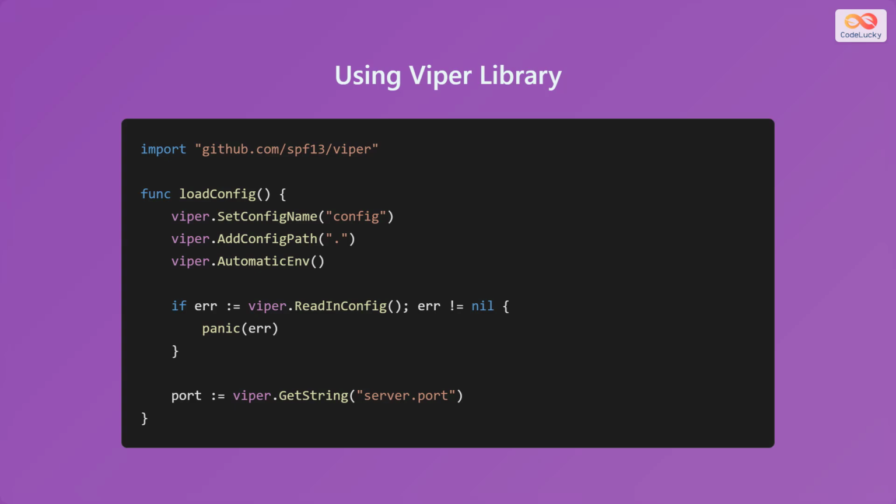The AutomaticEnv function enables automatic reading of environment variables. When we call ReadInConfig, Viper automatically detects the file format and loads the configuration. Finally, we can access configuration values using GetString and other getter methods with dot notation for nested values. Viper automatically handles the precedence between configuration files and environment variables, making it extremely powerful for production applications.